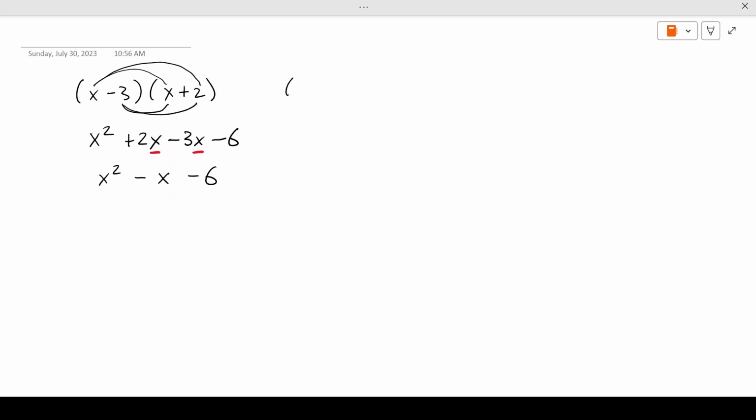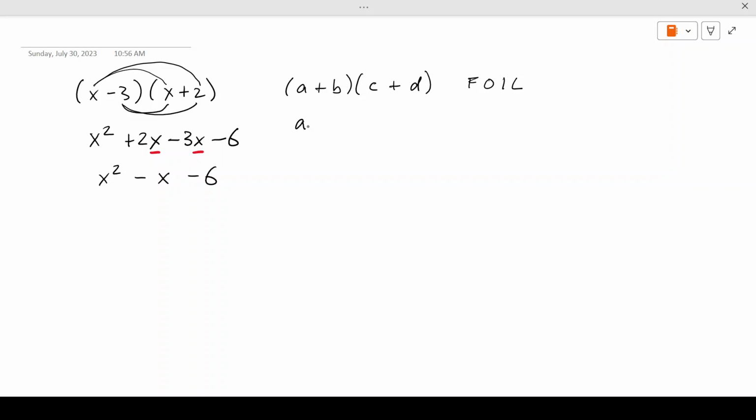So if we take the most simple binomial times binomial question, I'm going to write it out as a plus b times c plus d, okay? The way to do this is FOIL: first, outer, inner, last, or rainbow, or fishing, or whatever you do.